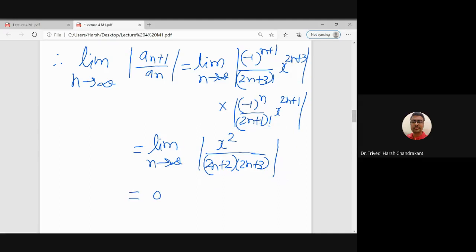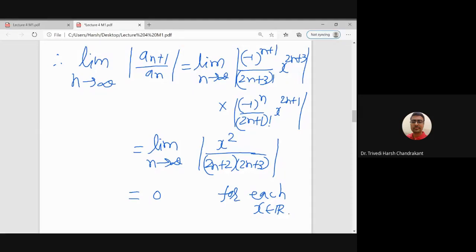If we substitute x equal to 1, then we'll get limit n tends to infinity 1 divided by 2n plus 2 into 2n plus 3. So in that case also the limit is 0, right? So whatever fixed value of x you take, the limit is always 0, for each fixed real number x.